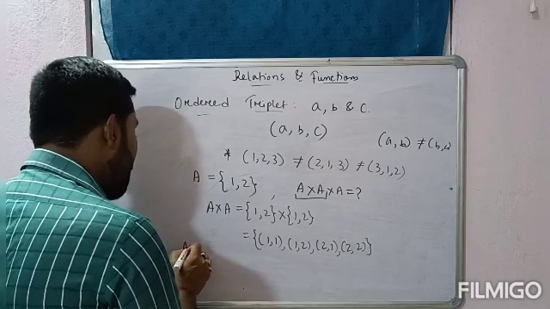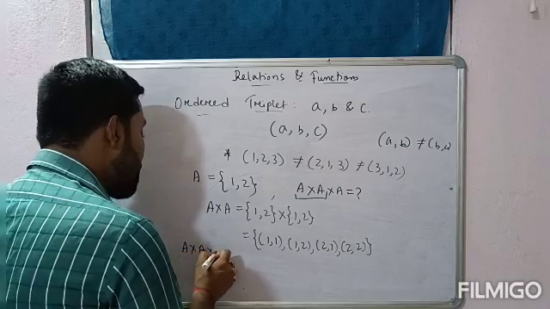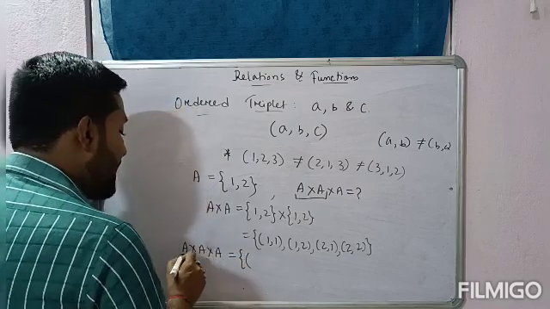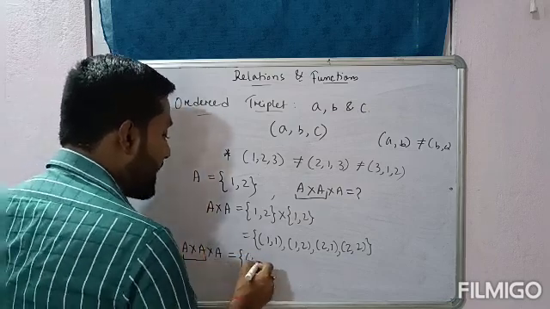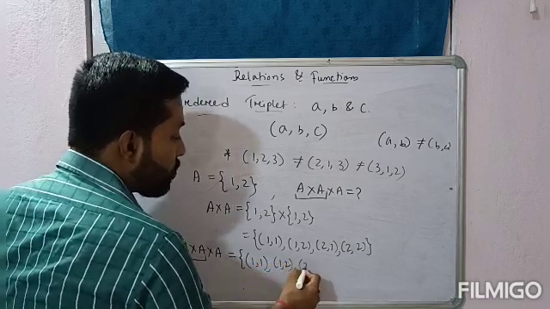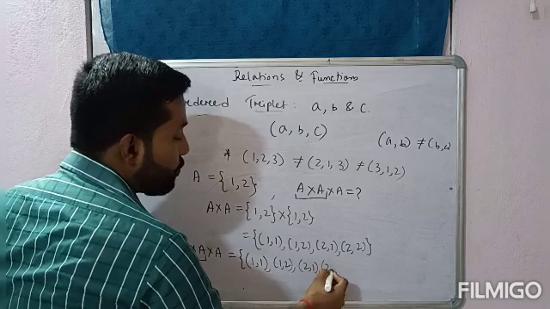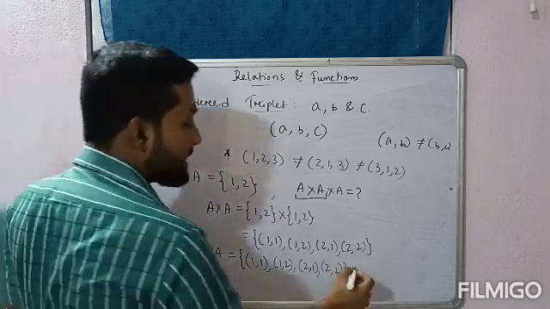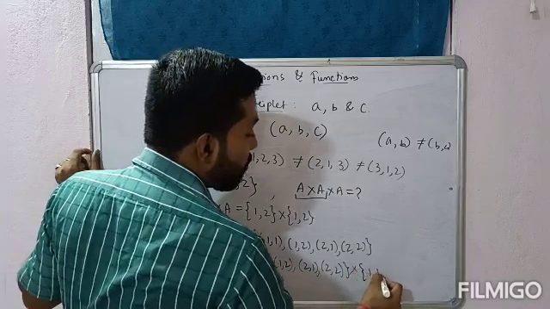ओके, सो देयरफॉर A क्रॉस A क्रॉस A, दिस इज इक्वल टू, फर्स्ट ऑफ ऑल यू राइट डाउन द एलिमेंट्स ऑफ A क्रॉस A व्हिच इज (1, 1), (1, 2), (2, 1) and (2, 2) into, then you write the element of this single A, that is {1, 2}.